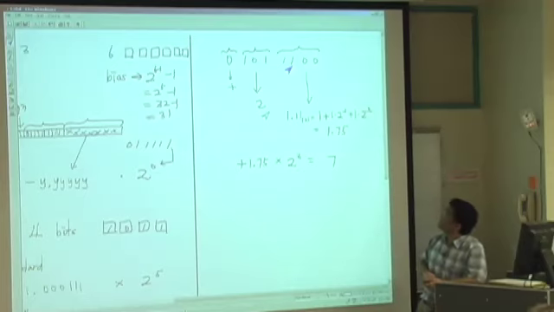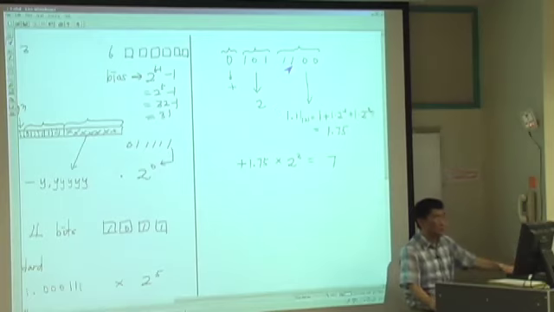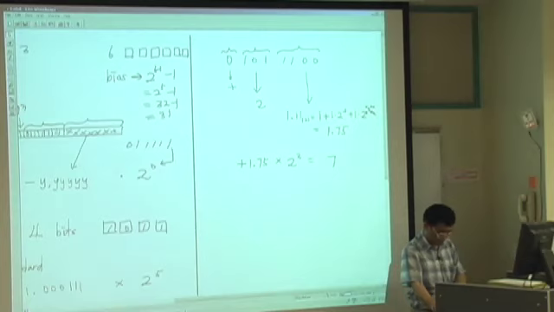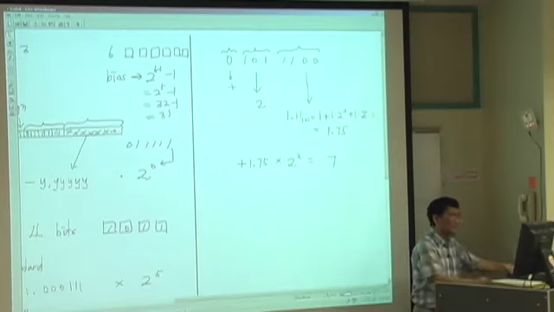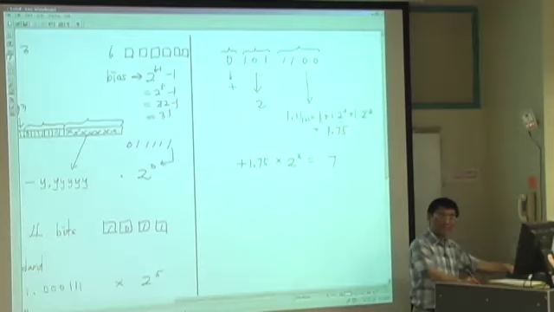Yes? The 1 plus 1 times 2 to the minus 1. Yeah? 1 times 2 to the minus 3. It is 2. 1 times 2 to the 4, 1 plus 1 times 2 to the 3 plus 0 times.